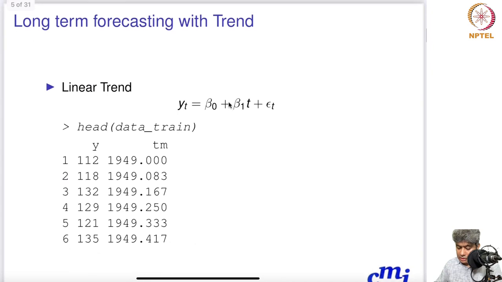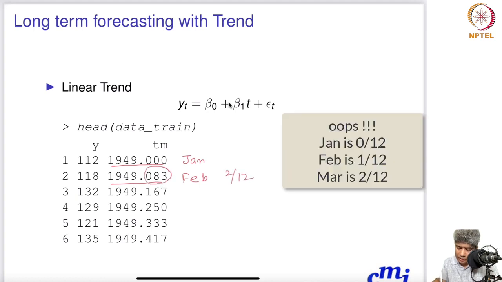If you see the data, this is January 1949, and this is February of 1949. February is 2 out of 12, which gives you 0.83. And March is 3 out of 12, which gives you 1949.167.